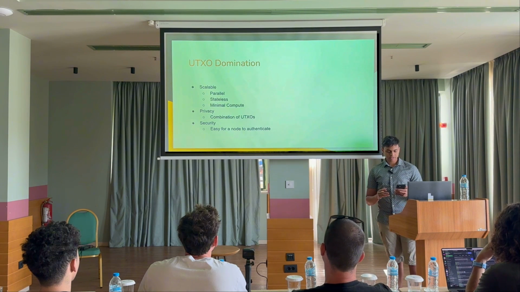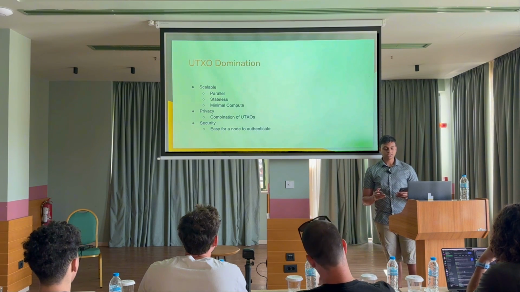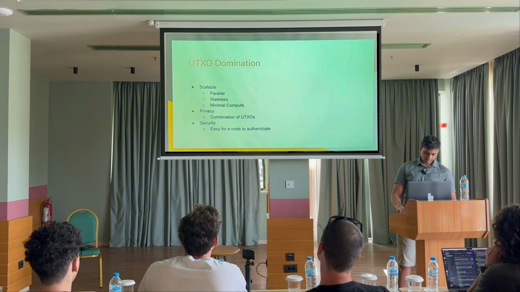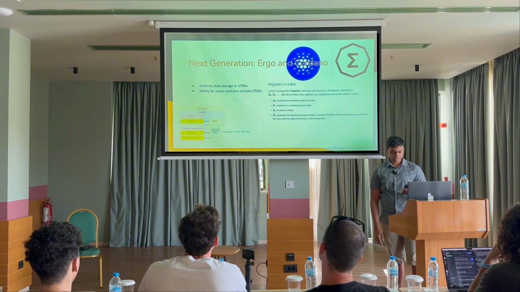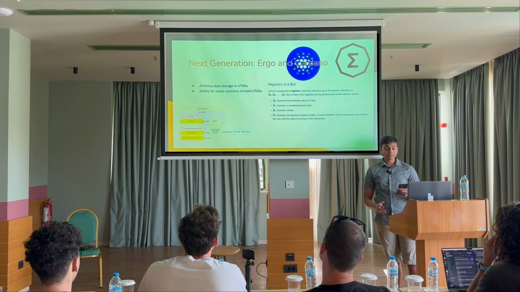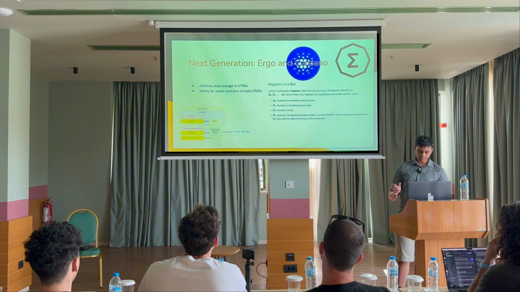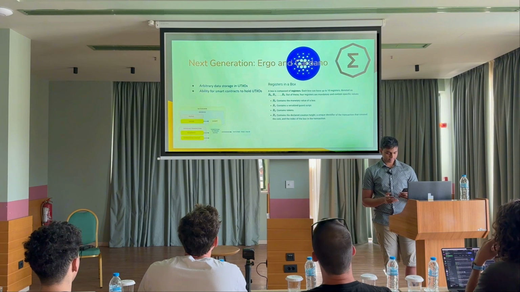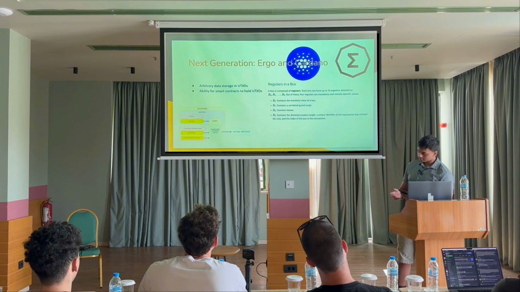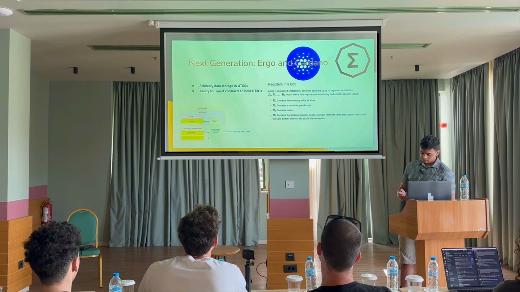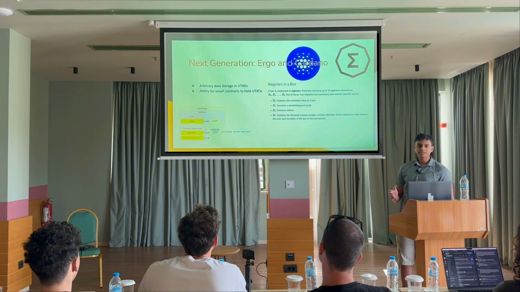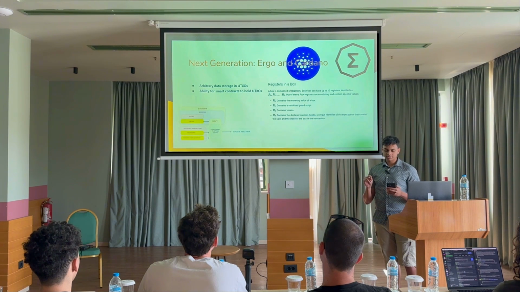As transaction inputs and outputs are recorded, it's really easy to authenticate a UTXO. So we have the next generation of UTXO blockchains, which extend the model that Bitcoin pioneered to allow for decentralized applications to be built. So let's take Cardano and Ergo, for example. Cardano's UTXOs have everything Bitcoin has, plus one small detail.